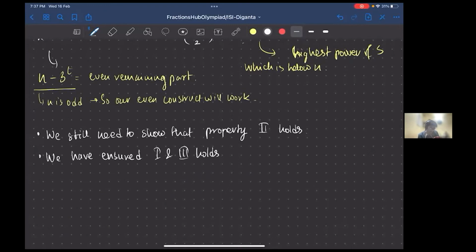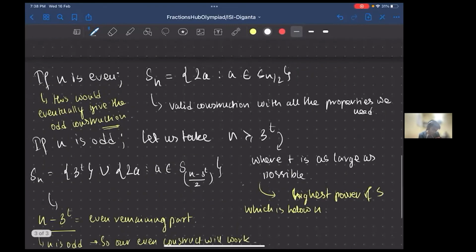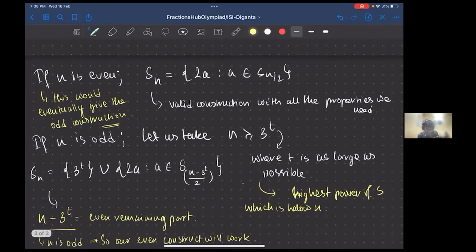So in order to check 2, see that 2 holds trivially here, since we are multiplying by 2, and the smaller set had the desired properties.